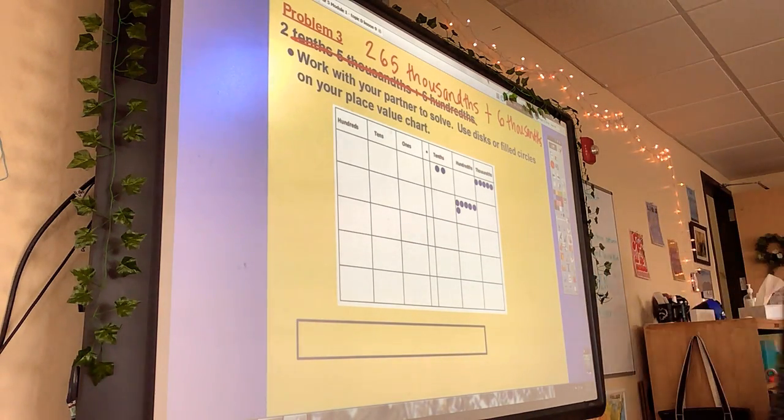So in your thousandths place, put 6 little dots. And think about if you can have 2 digits in a place value. And if not, what do you do after?